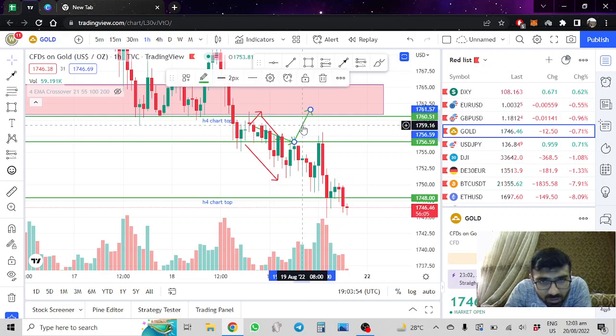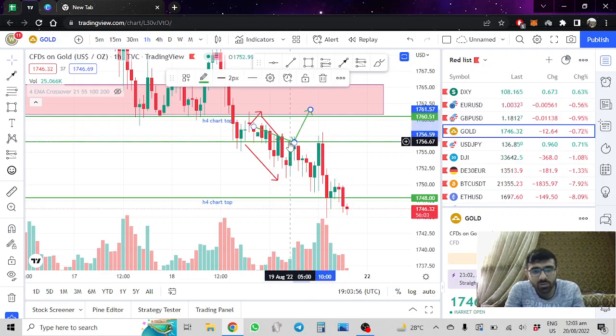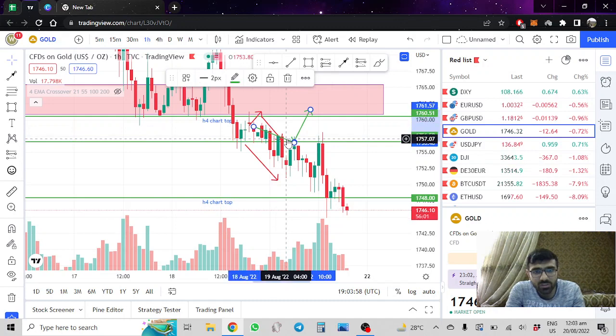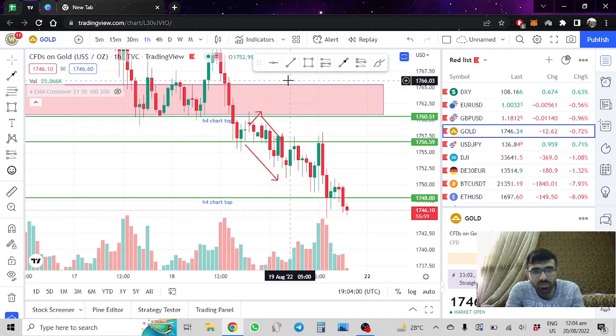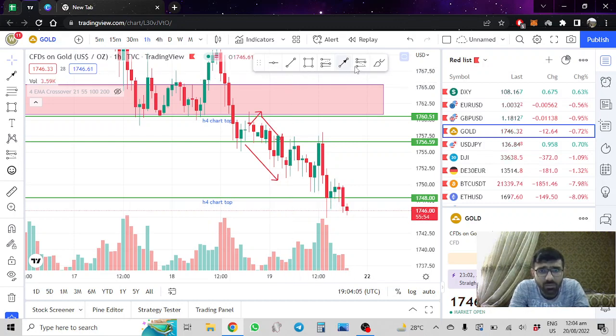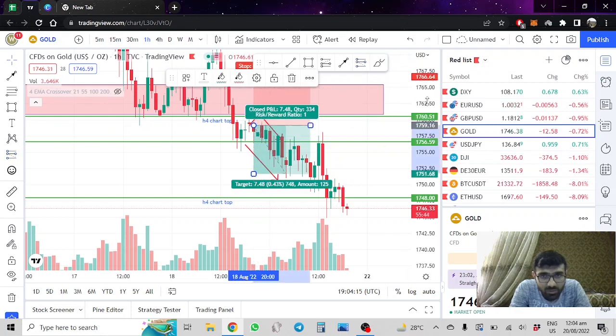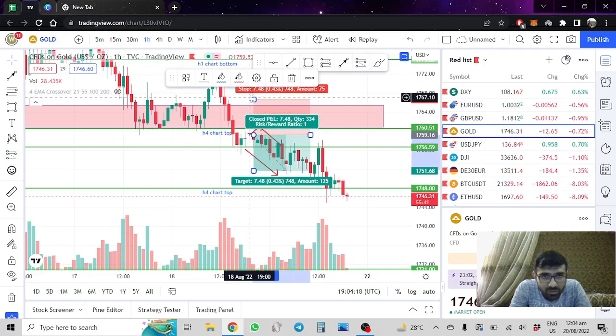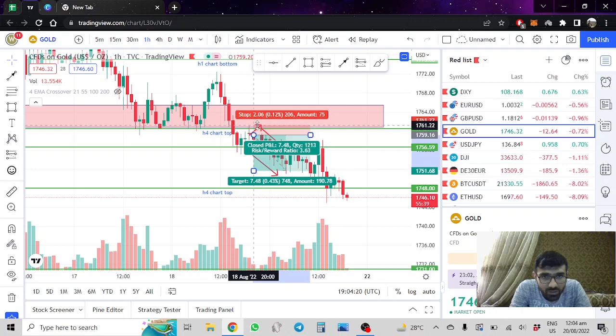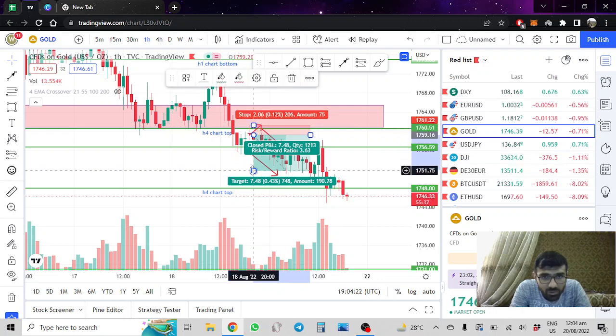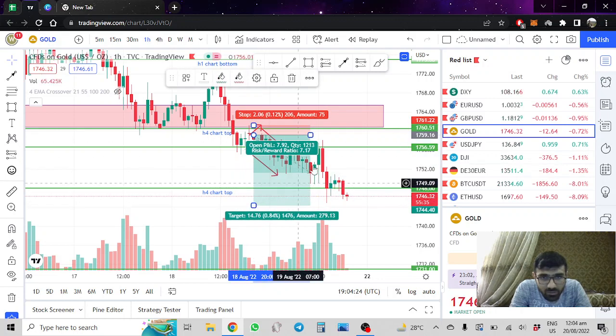Okay, so just for your ease, for your scenarios, I'm gonna mark these trades that you guys could have taken easily on closing this. Then you guys could have gone short from here. Okay, so if I take this trade, this would be my stop loss.